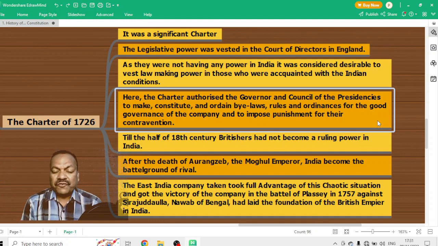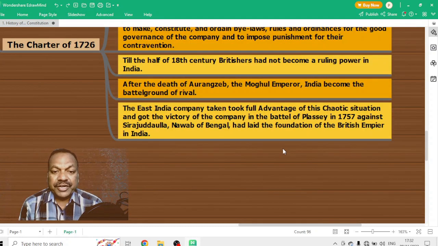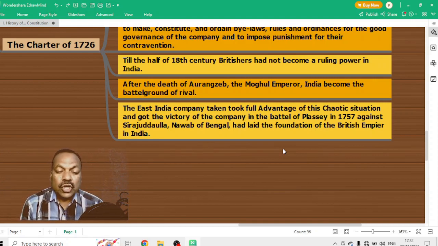Till the middle of the 18th century, Britishers had not become the ruling power in India. After the death of Aurangzeb, the Mughal emperor, India became the battleground of rivals. The East India Company took full advantage of this chaotic situation and won the Battle of Plassey in 1757 against Sirajuddaulah, the Nawab of Bengal, laying down the foundation of the British Empire in India.